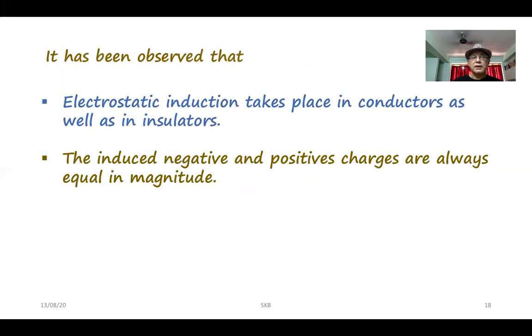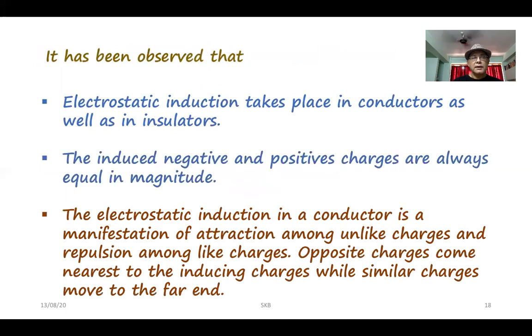The induced negative and positive charges are always equal in magnitude. The electrostatic induction in a conductor is a manifestation of attraction among unlike charges and repulsion among like charges. Opposite charges come nearest to the inducing charges, while similar charges move to the far end.